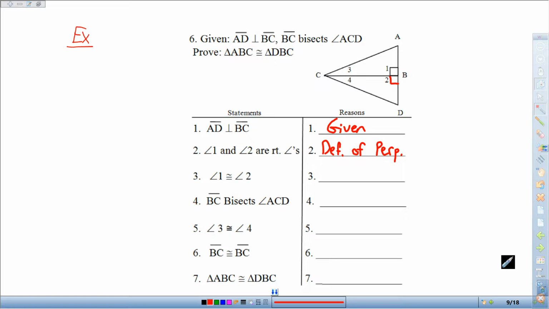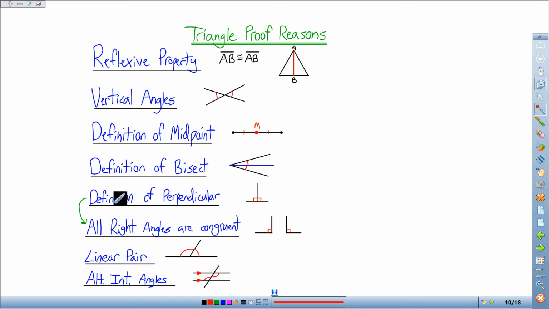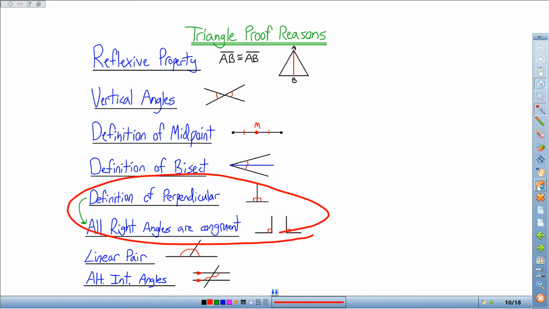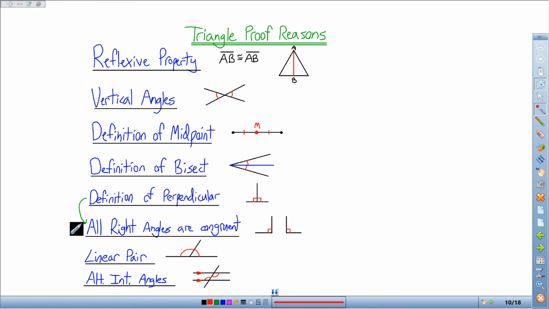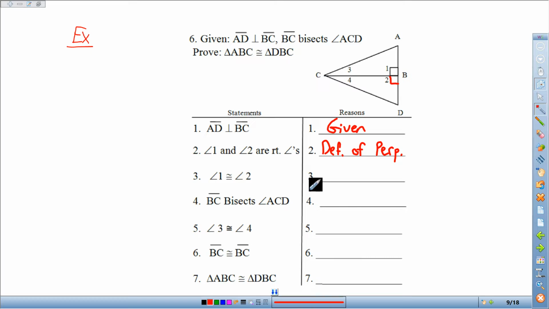Okay, remember what I said. Definition of perpendicular is always followed by all right angles are congruent. If you take a look at the next statement, we are then saying that angle 1 is congruent to angle 2. Why do we know that? Because all right angles are congruent. So that's our next thing.